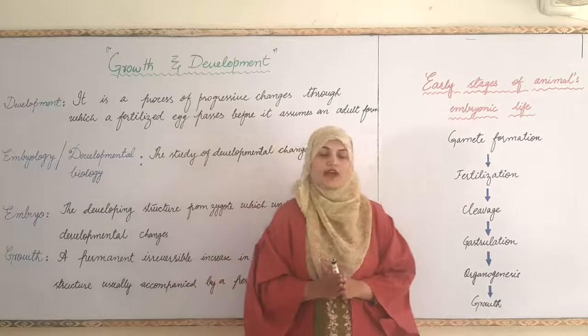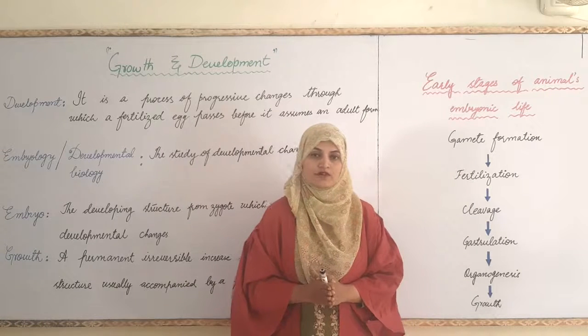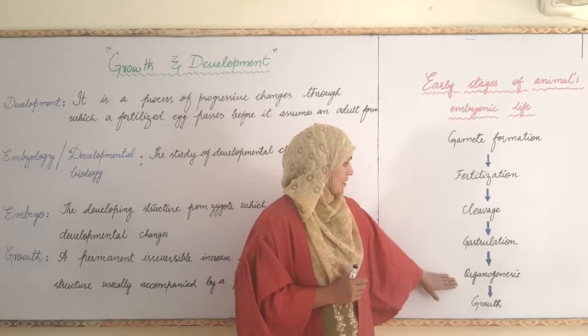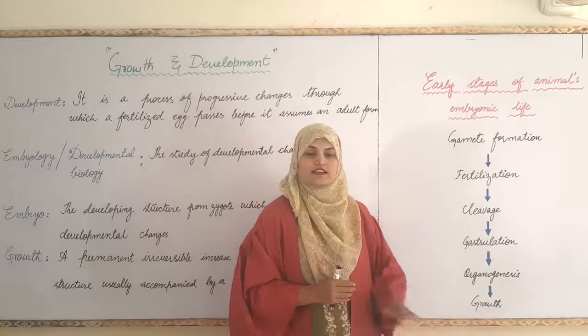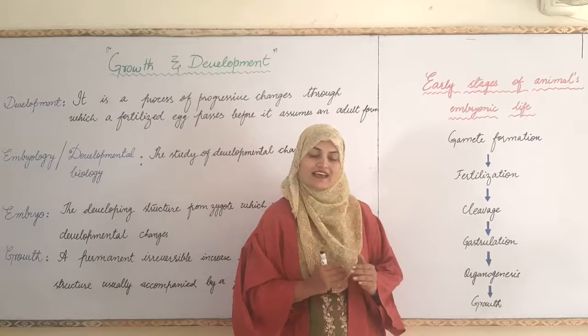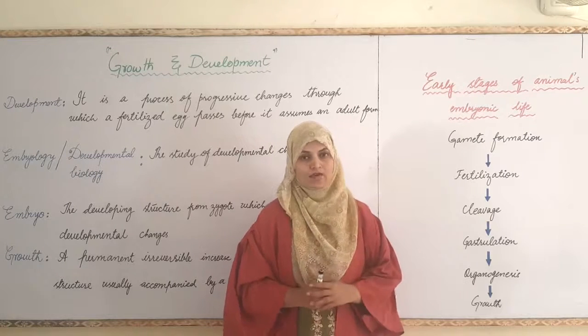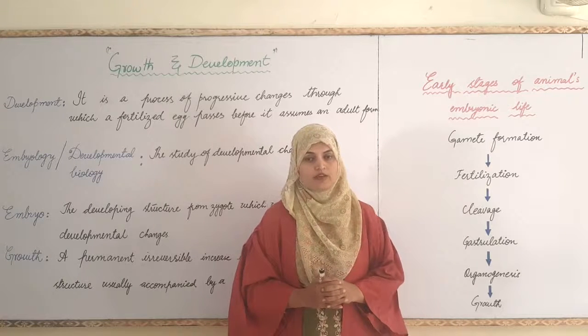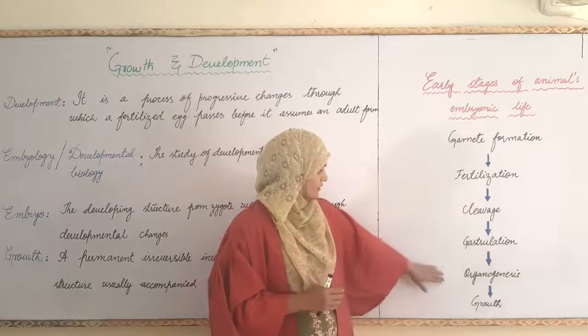The formation of organs from ectoderm, endoderm and mesoderm is termed as organogenesis, in which tissues formed during gastrulation are arranged in a specific manner for the formation of specific organs.